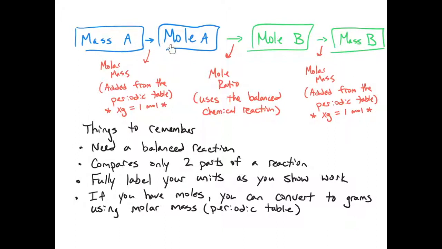Converting from mass to moles, you use the molar mass, which is added from the periodic table. Converting from moles to moles, you use the mole ratio, which you use as the balanced chemical reaction. And going from moles back to mass, you use molar mass again, but of a different substance than you used in part A. Again, add that from the periodic table.